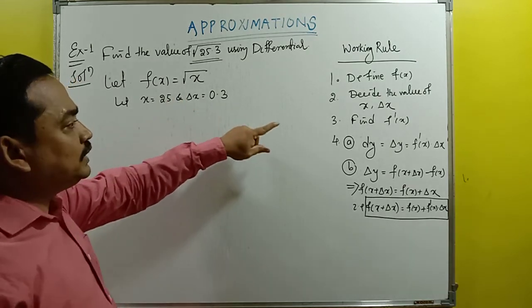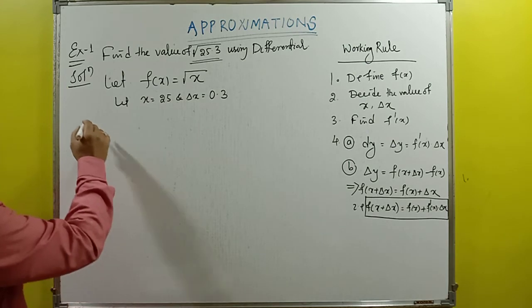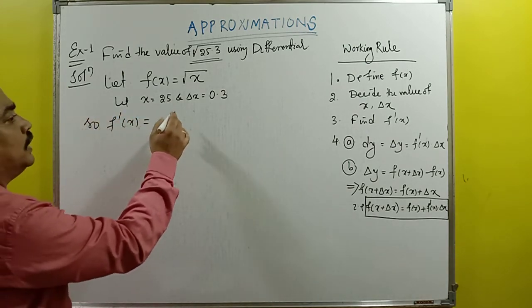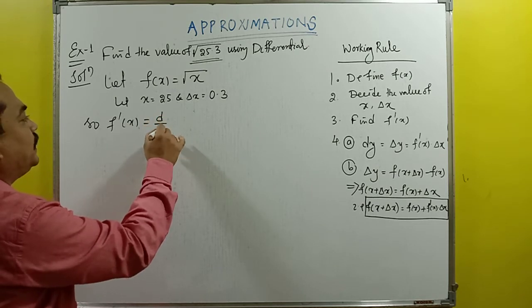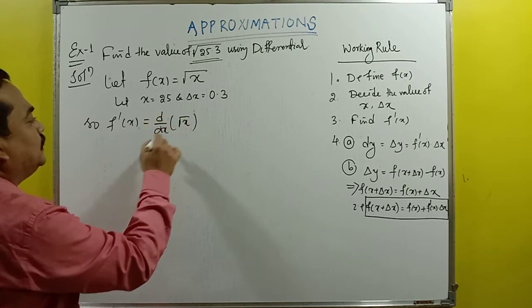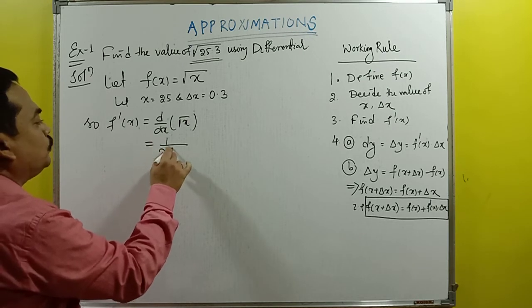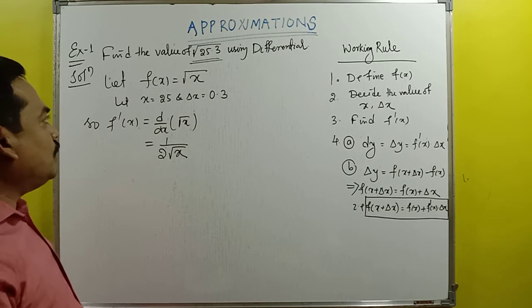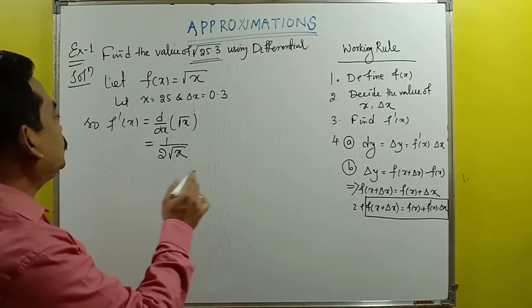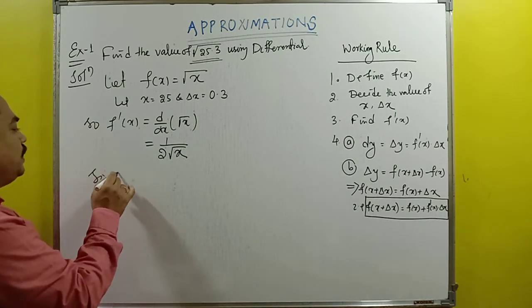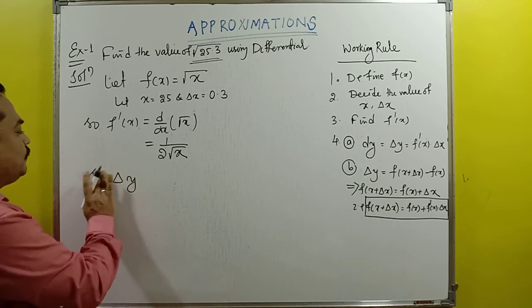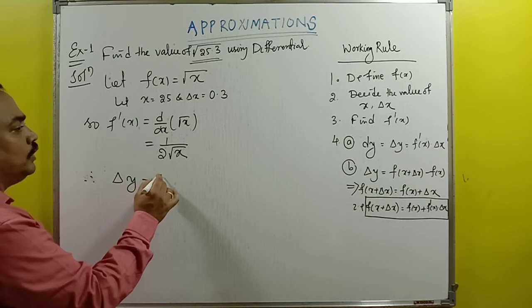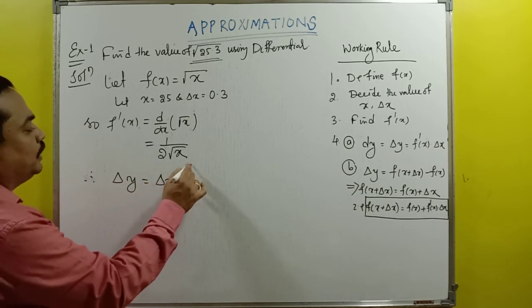Next step is to find f dash x. So f dash x is equal to d by dx of root x, that is equal to 1 upon 2 root x. This is your f dash x. Now you have to find del y. Therefore del y is equal to del x into f dash x.